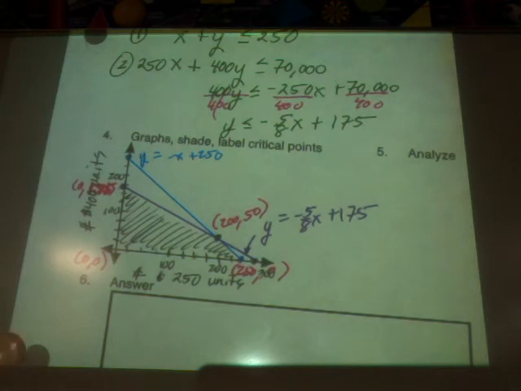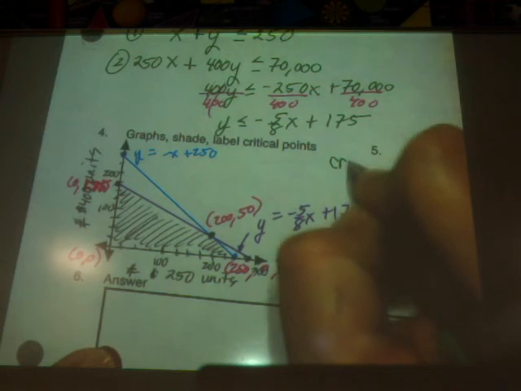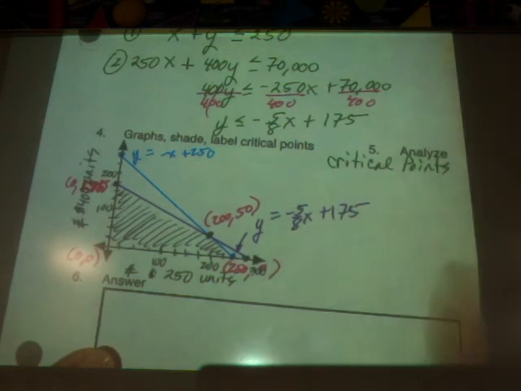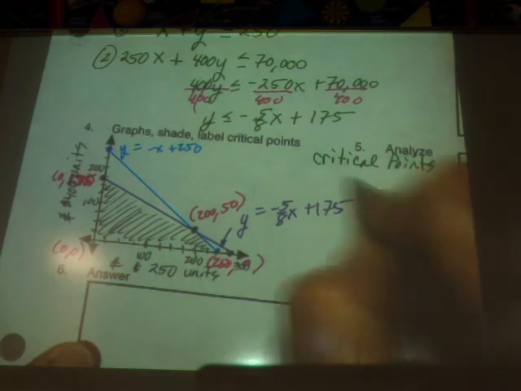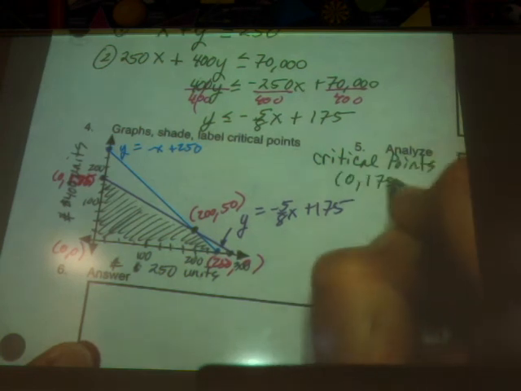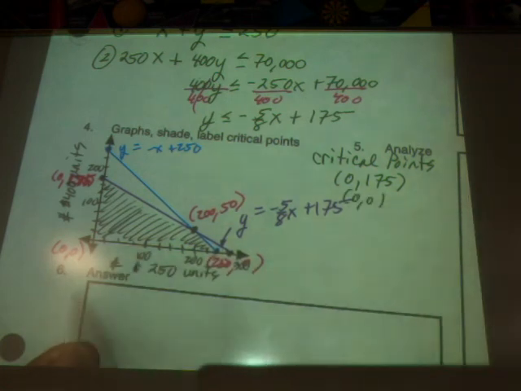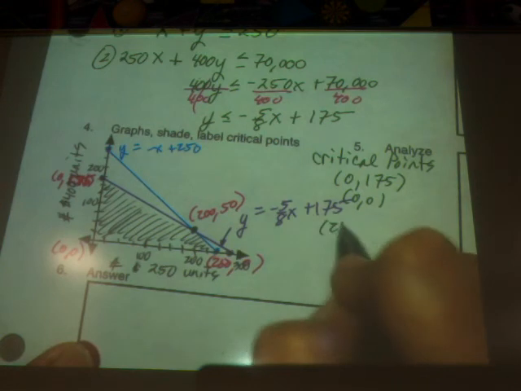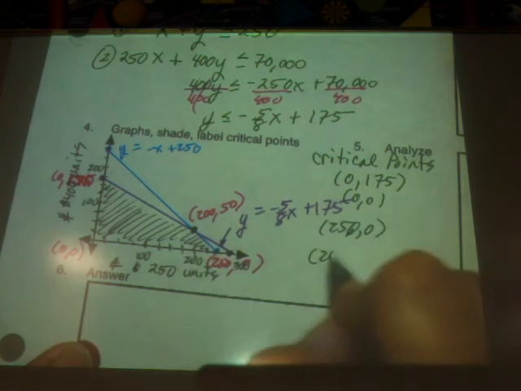So we have 4. You might want to list them out here. Critical points are 0, 175, and then we go down to 0, 0. And then we go over here to 250, 0, and then 200, 50.